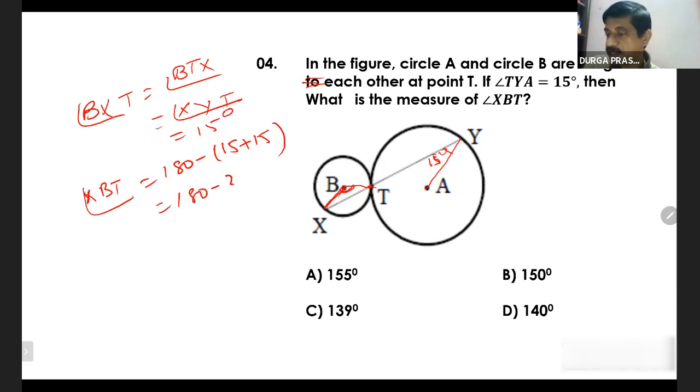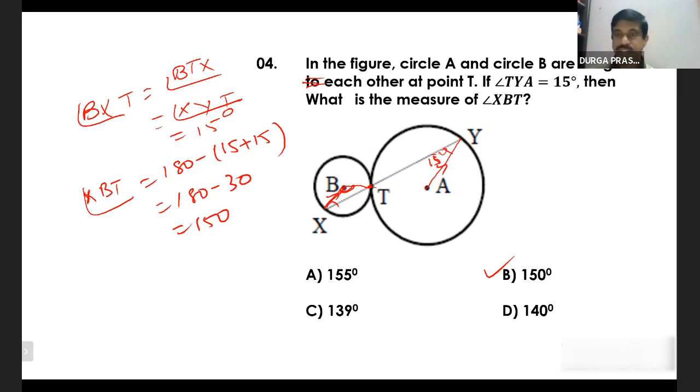That is 180 minus 30. So that is 150. So option B. Please note fast. So these two will be parallel. So these two angles should be equal.